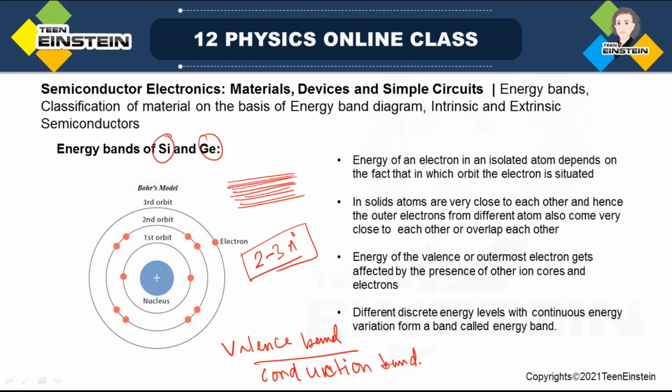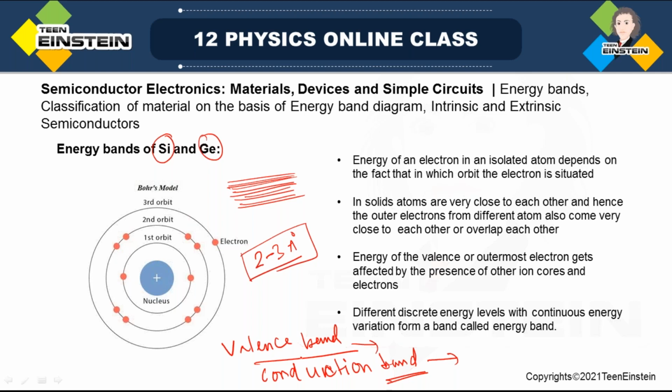This band includes the energy levels of conduction electrons. Conduction band includes the energy levels of conduction electrons, and valence band includes the energy of valence electrons.